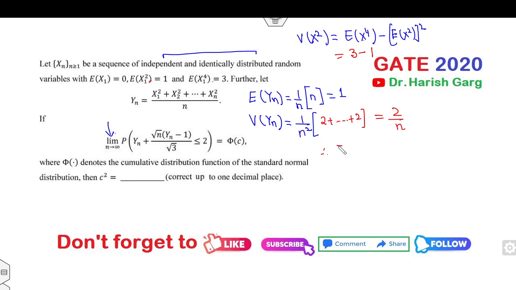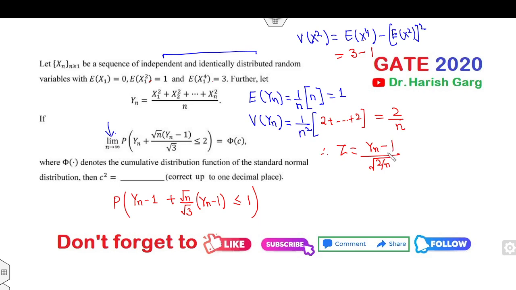So your z will be yn minus 1 over root of 2 by n. I can substitute the value here. It's a probability. I can subtract 1 firstly, plus root n over root 3. There is no need to subtract, so I can write this number is 1.